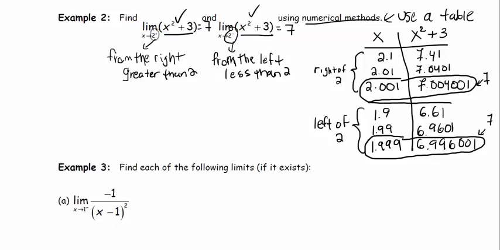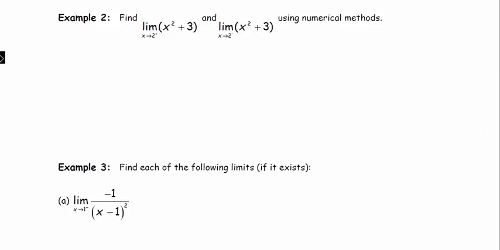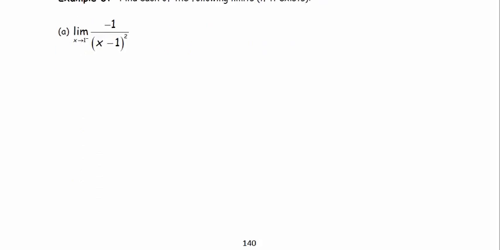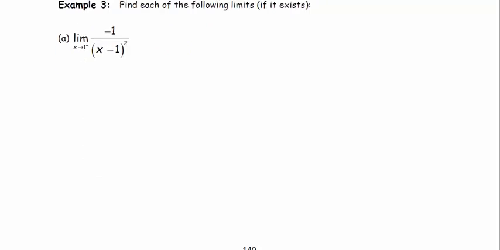Alright, so now it is time for example 3. So let me move this down so that we can do example 3. Find each of the following limits if it exists. There are, again, multiple ways to do this, but I'm going to stick to the numerical method for us.